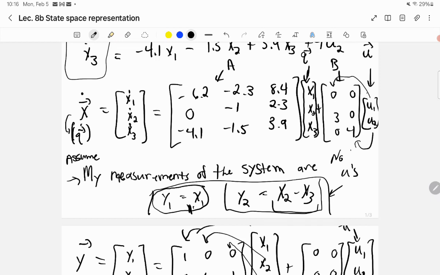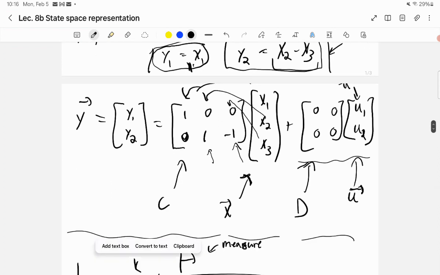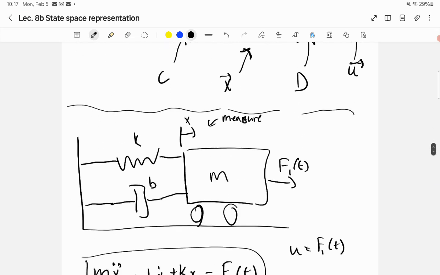So I'm not measuring the input forces at any point here. So I'm going to multiply that vector by this matrix D, which is just going to be the 0 matrix because I'm not measuring any of the u's there. Okay? So let's do an example where we build the whole thing from the beginning.